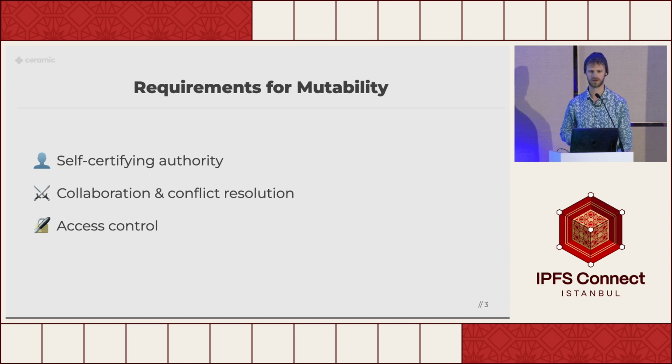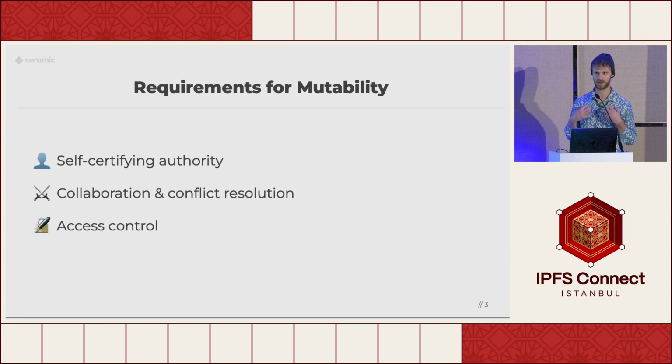So what are some of the requirements we have for mutability in this type of decentralized environment? Well, first of all, we want something called self-certifying authority. That's basically the ability to know, when I synchronize a piece of data, that it actually comes from the source which it claims to come from.